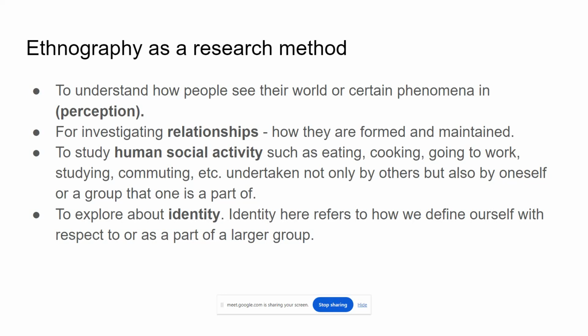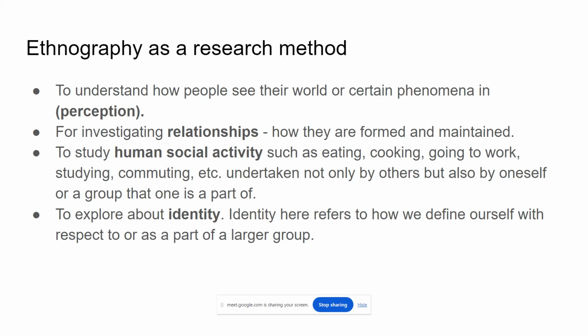So this identity aspect is, again, your identity is different when you go to different settings. My identity is different when I'm talking to you, and it's different when I go somewhere else. So it depends on the context and time again. So here it's how we define ourselves with respect to a part of a larger group. In that sense, it's always said that identity is always built by society.